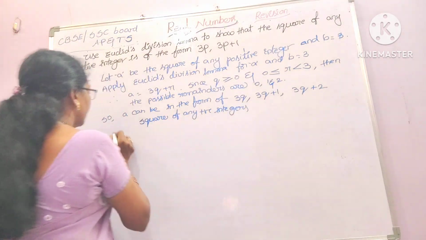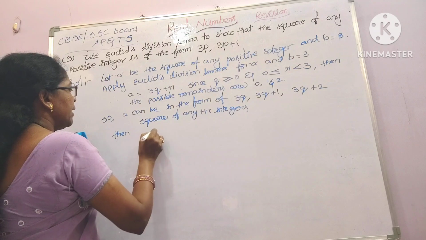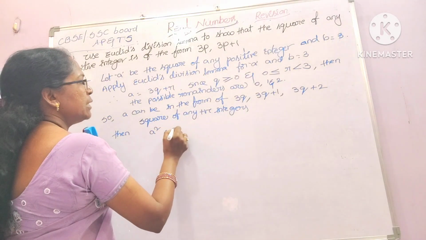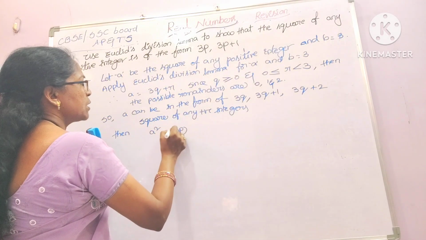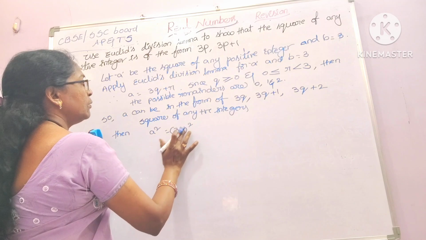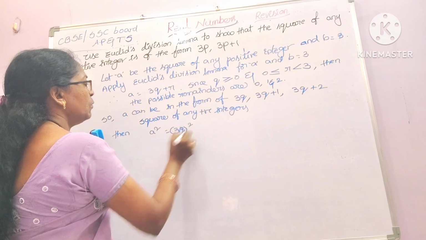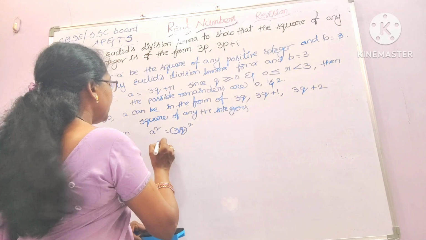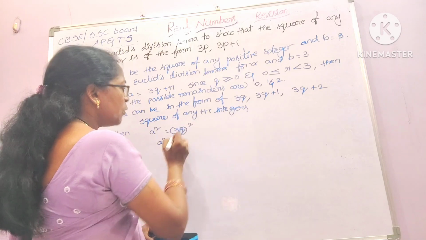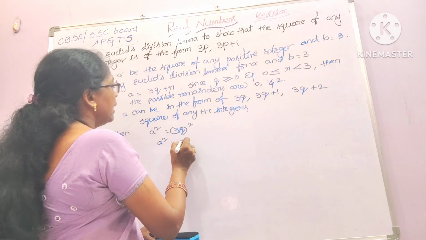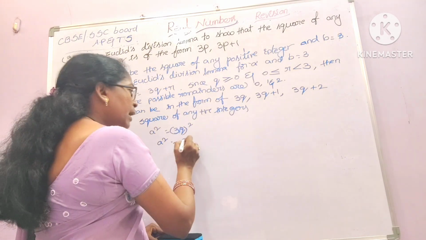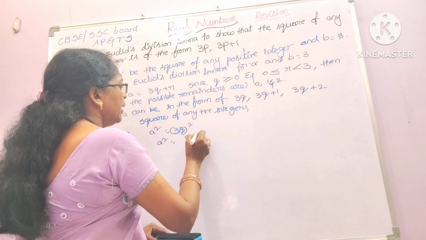Then A square equal to, the first condition is 3q whole square. Now A square equal to 3q whole square is nothing but 3 square, that means 9q square.